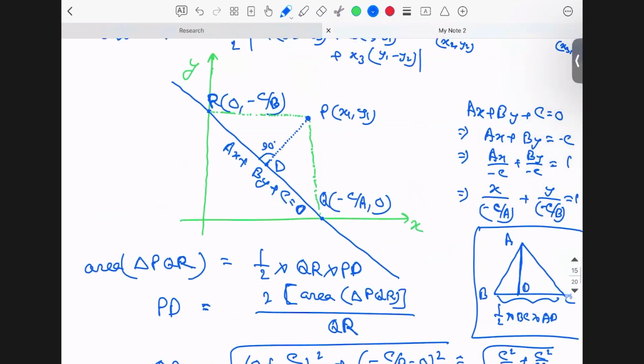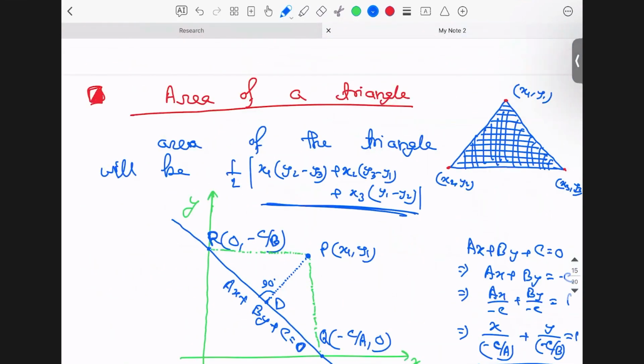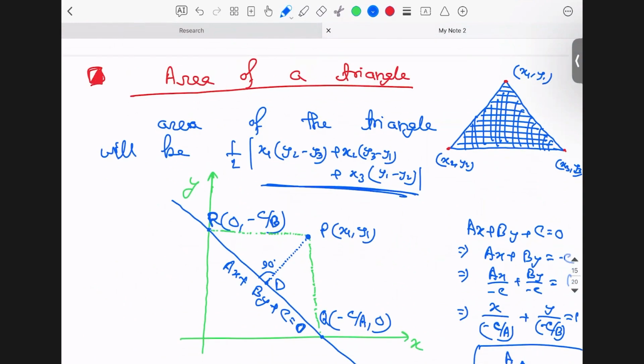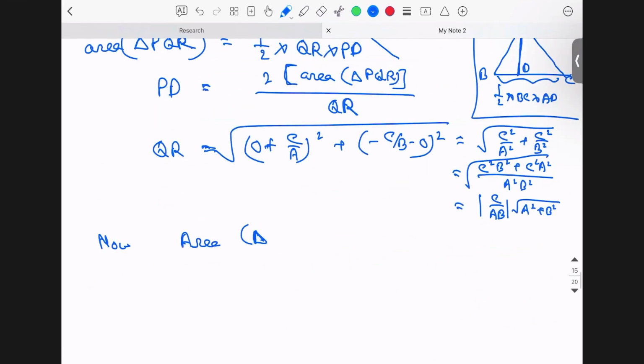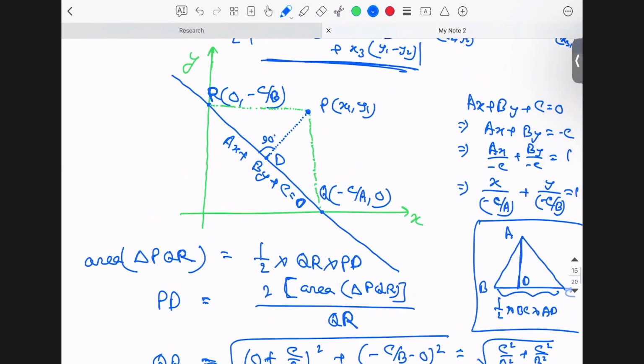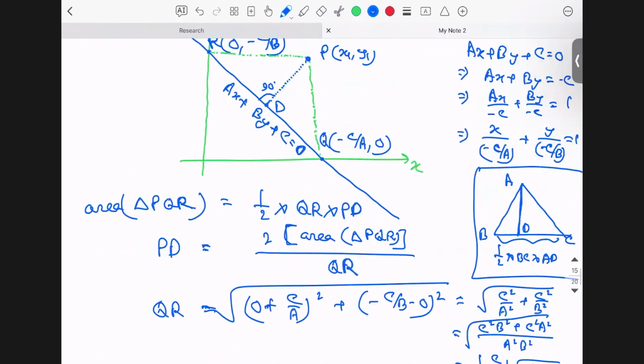Now what about the area of this triangle? If I use the formula here, what will be the area of this triangle? Let's find it. Area of the triangle PQR is half into x1, suppose it is x1, into y2 minus y3.